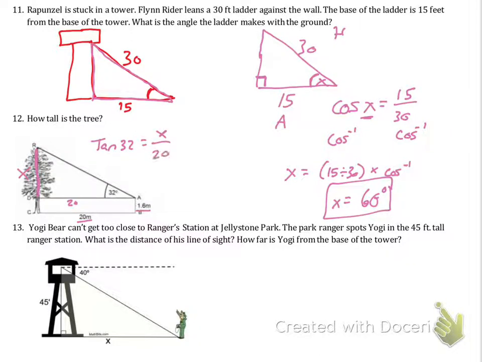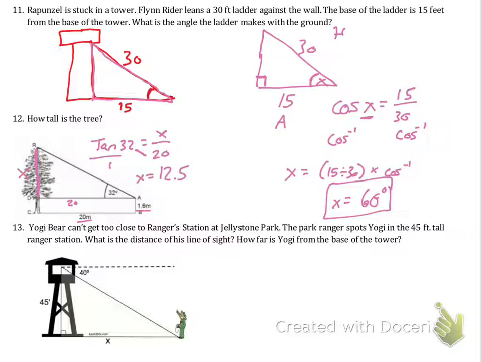And then I'll just cross multiply. So it'd be x is equal to tangent 32 times 20. So I would do tangent 32, close parentheses, times 20 in my calculator, and I get 12.5. So x is equal to 12.5.